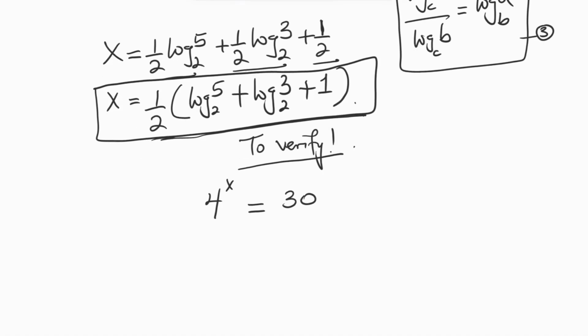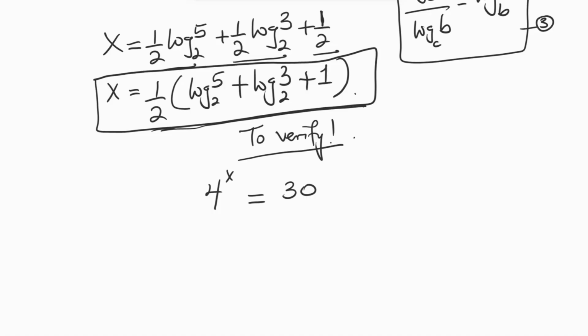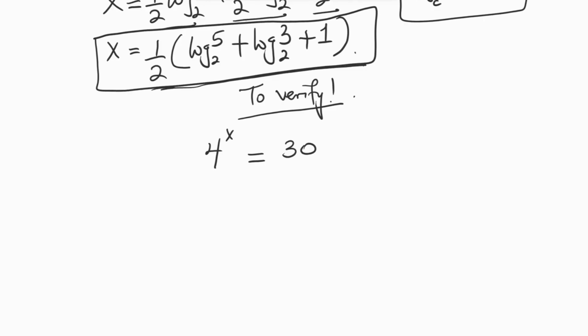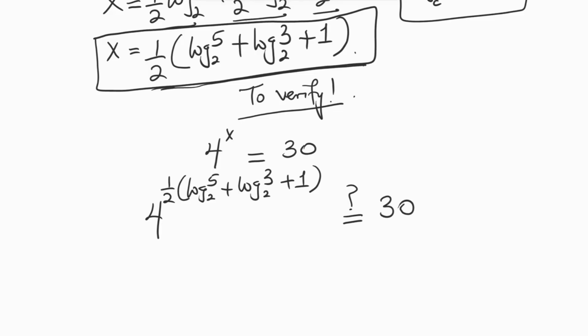Now, the challenge is to find out if when we plug in our value of x, so 4 raised to our value of x, are we going to be able to get 30 as our answer? So let's try that. We have 4 raised to, our x is what? Half into log 5 base 2 plus log of 3 base 2 plus 1. Is that going to be equal to 30?